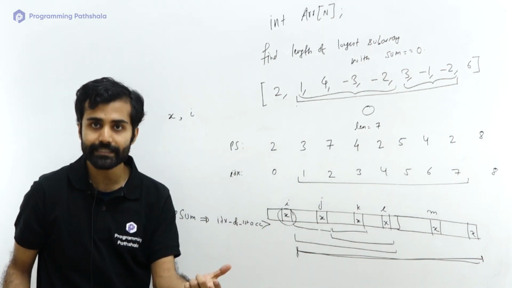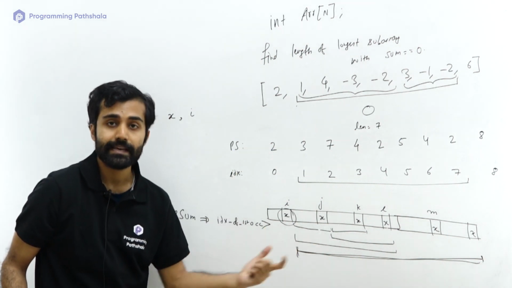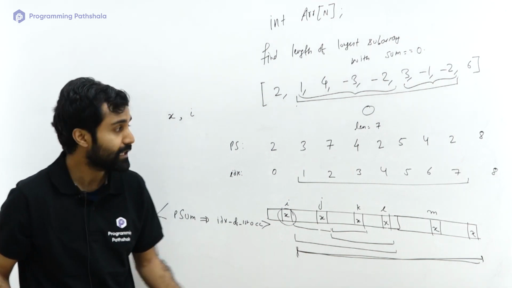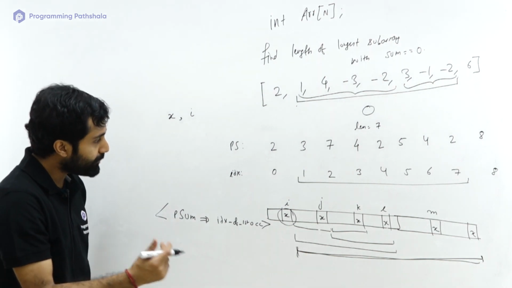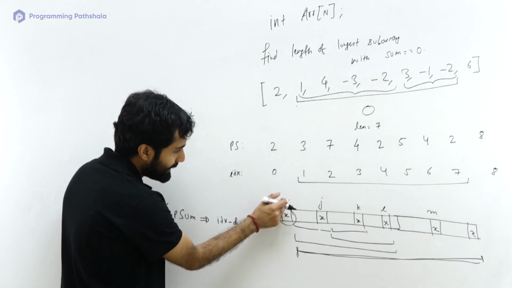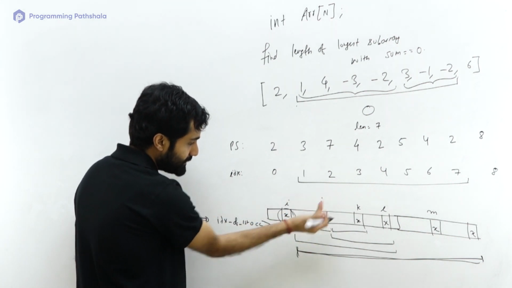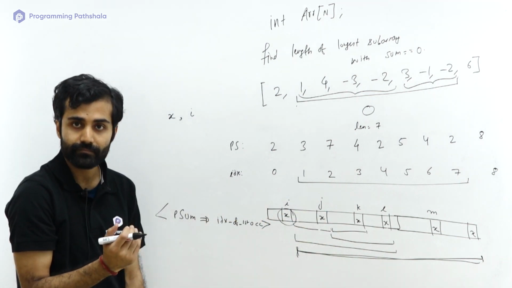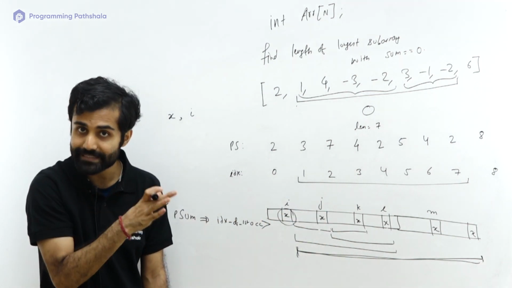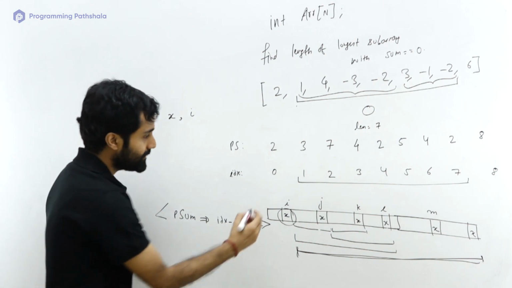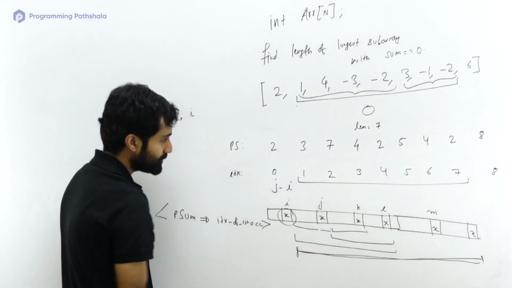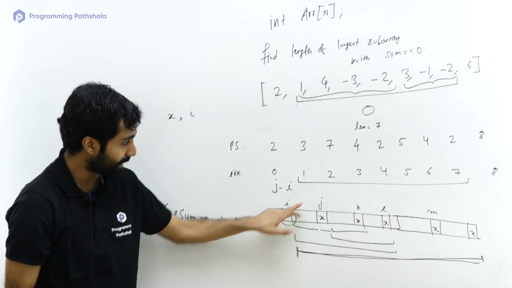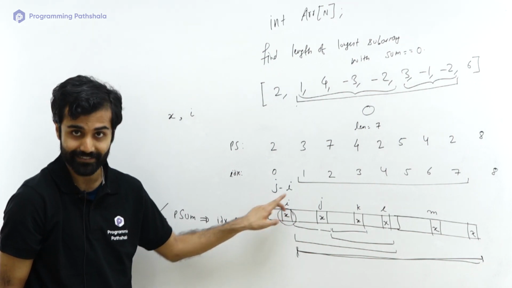Rather, the only thing that you will do is you will measure the distance. I think you can measure the distance very easily, because we all know that if a prefix sum that happened at I again happens at j, then the part which is after I until j has a sum of 0. And what is that length? That length is j minus I. You should not do j minus I plus 1. Why? Because I is not included. You understand that, right?